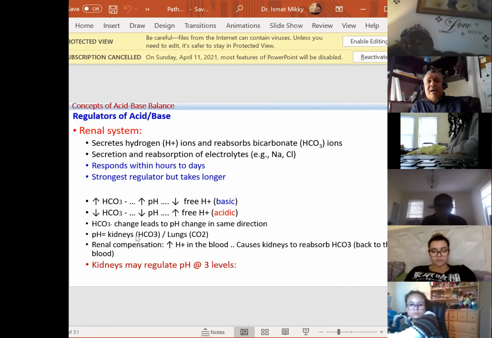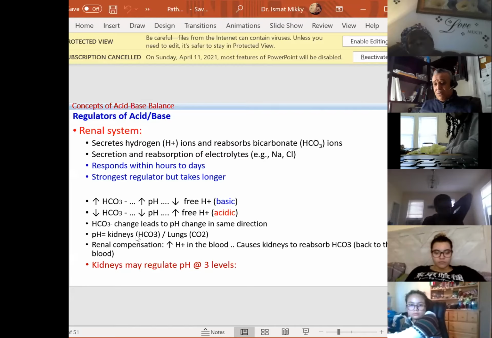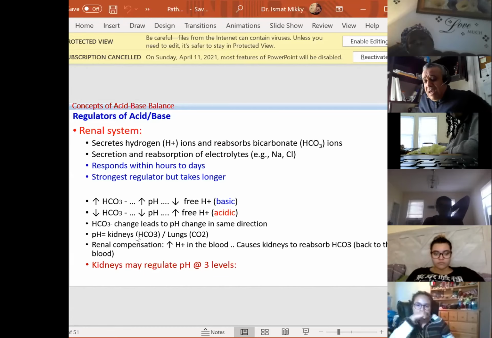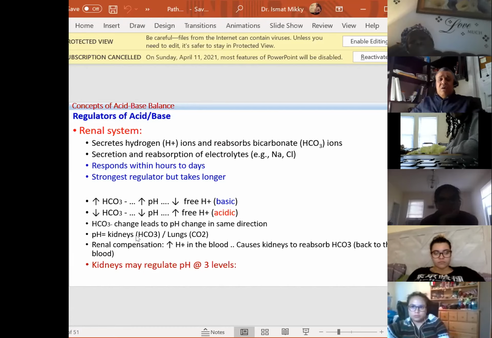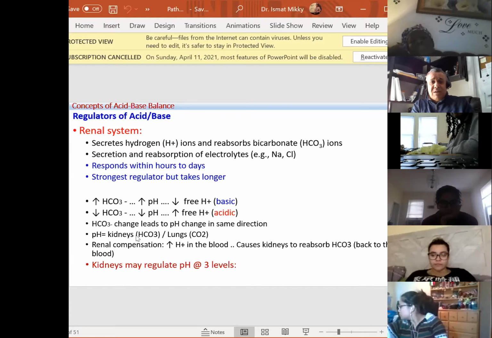And this is what is called compensation. The process is lengthy. It takes sometimes days until the lungs or the kidneys are able to compensate. We don't rely solely on these organs to compensate for ABG imbalances. We always intervene with medication and other interventions to fix the acidosis or alkalosis.